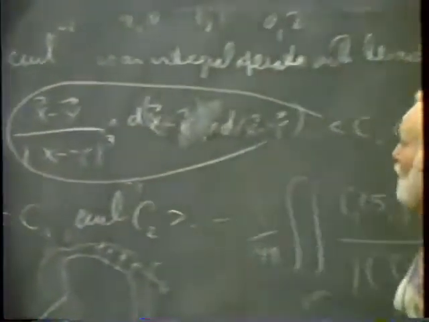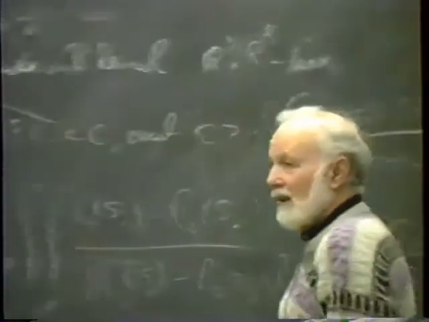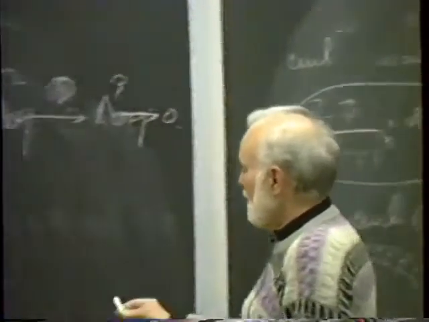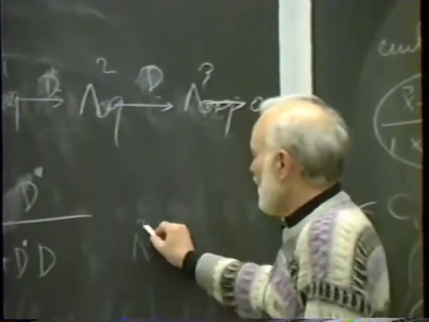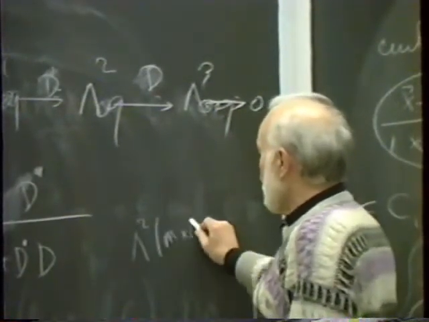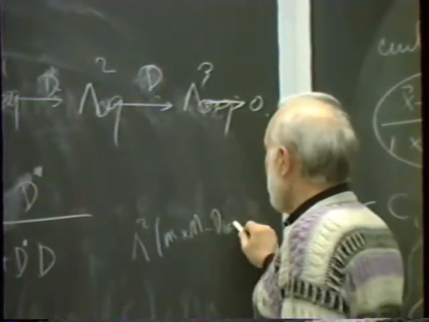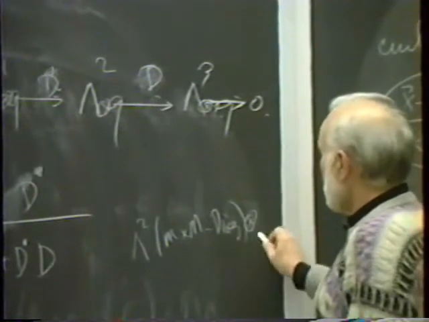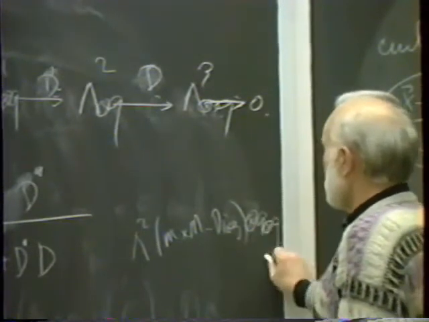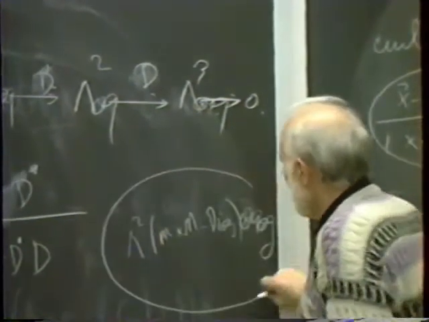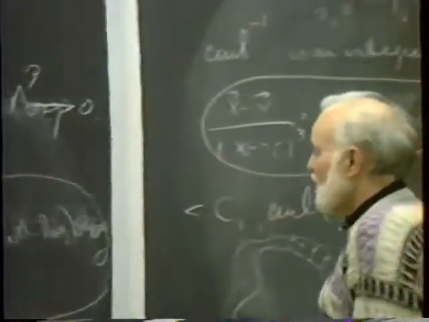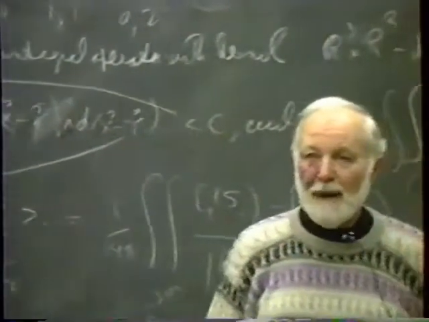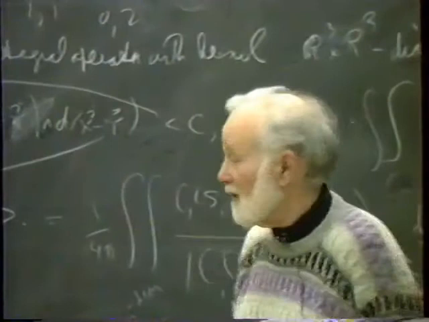In this way, what you end up with is a 2-form. You end up with an element in wedge 2 of M cross M minus the diagonal cross G. This summarizes the basic propagator and the propagator ghosts.